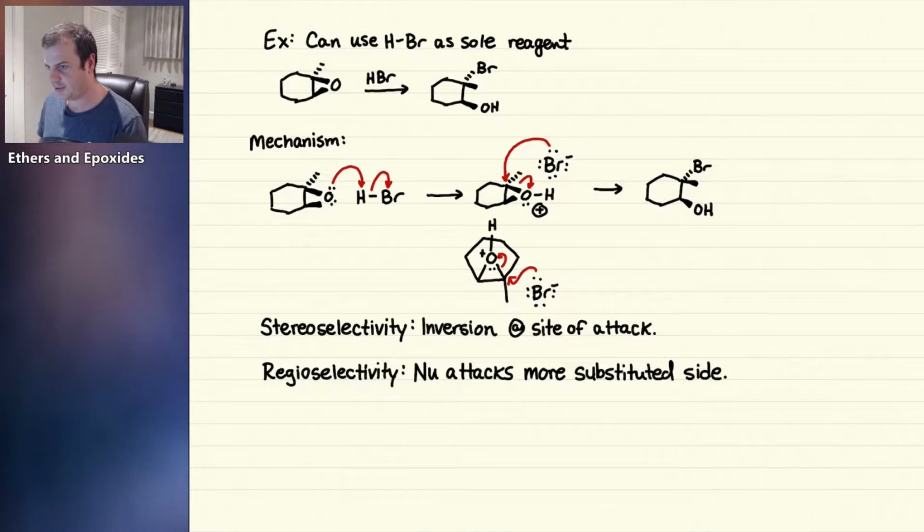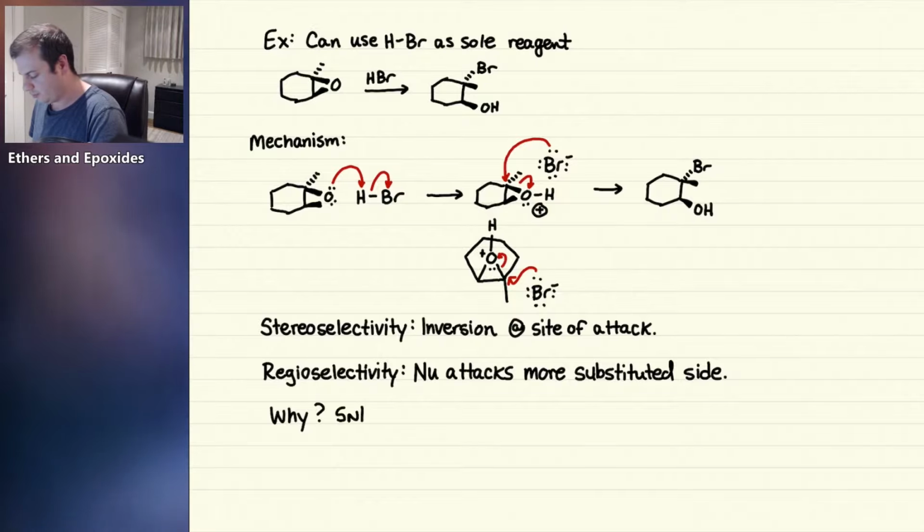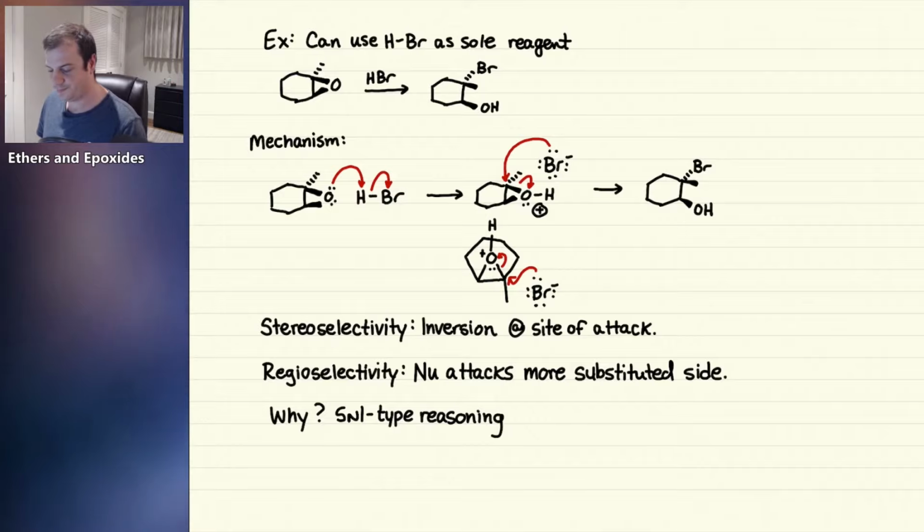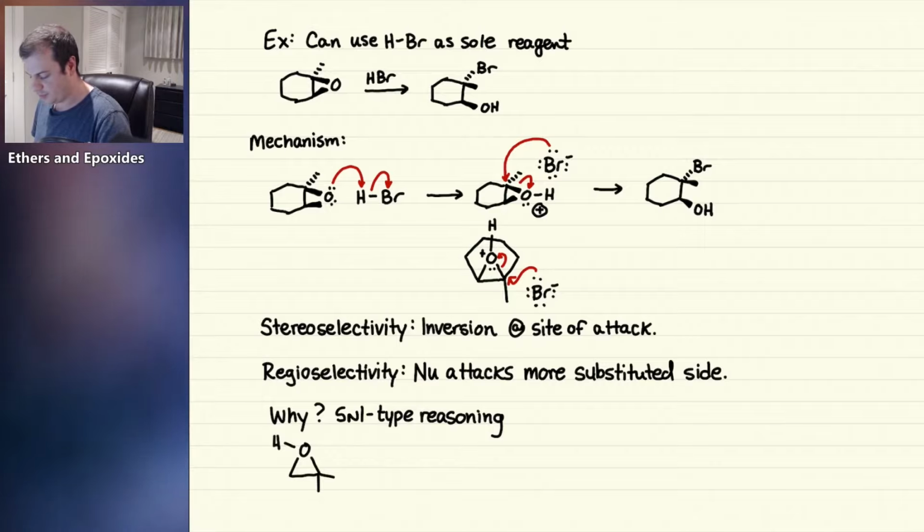Okay, and let's give a little explanation of why, and we're going to use a bit of SN1 type reasoning. So if we have an epoxide that's protonated, I'll put two different substituents on it.